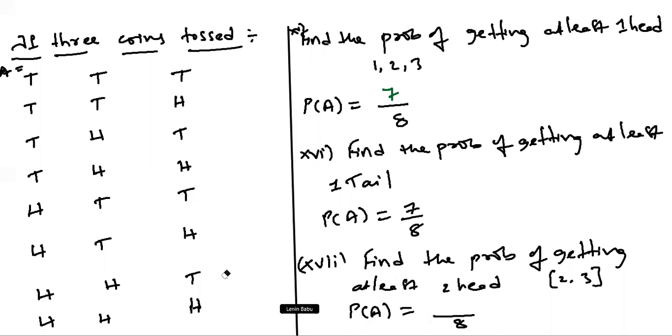I will check. At least two heads, two heads should be compulsory. Here only one head is there, should not take this. Here also one, we should not take. 1, 2, 3, 4. 4 out of 8 is equal to 1 by 2.